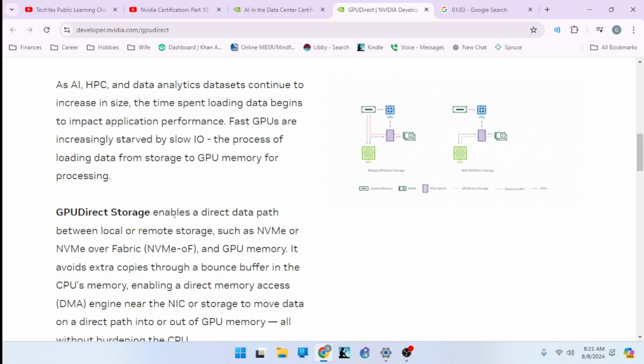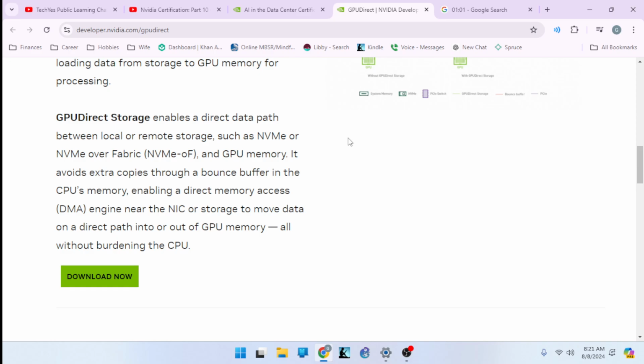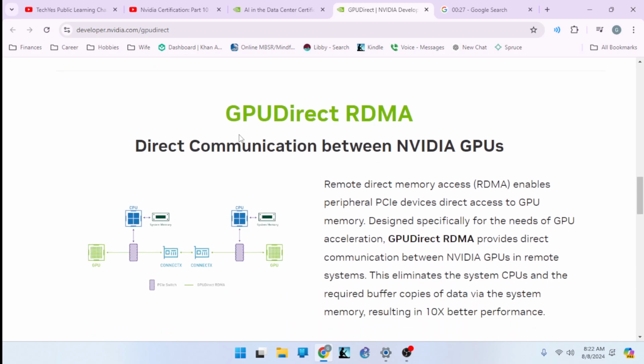GPU Direct Storage enables a direct data path between local or remote storage, such as NVMe or NVMe over Fabric, NVMe-oF, and GPU memory. It avoids extra copies through a bounce buffer in the CPU's memory, enabling a direct memory access (DMA) engine near the NIC, network interface card, or storage to move data on a direct path into or out of the GPU memory, all without burdening the CPU.